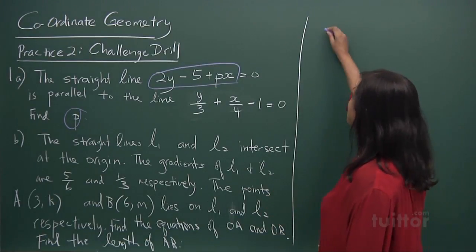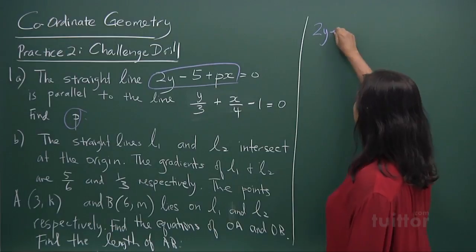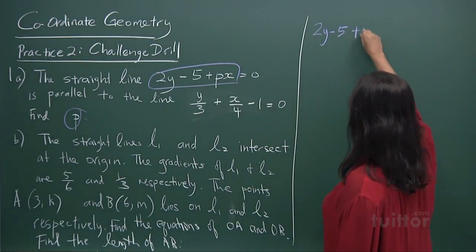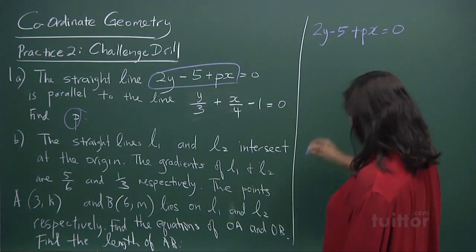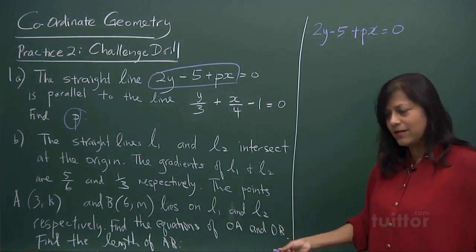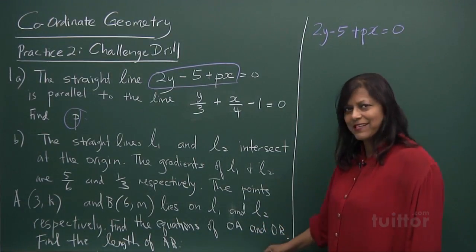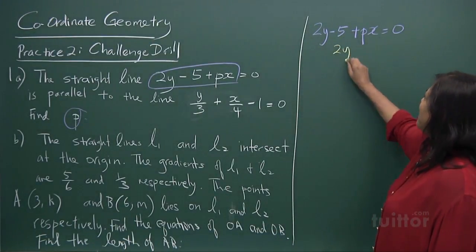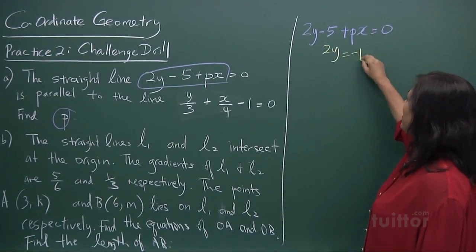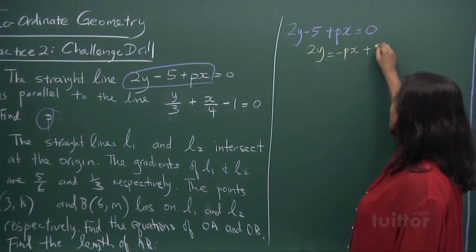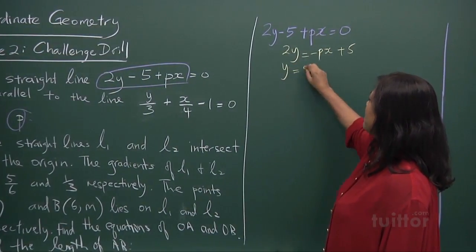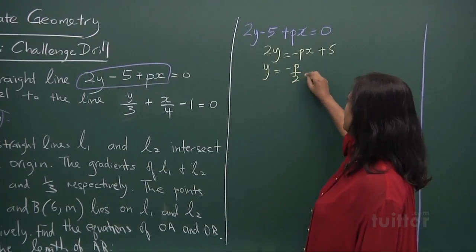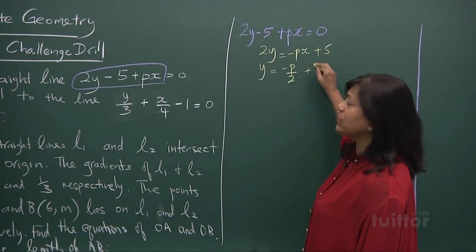So let's express it in a better way. I hope the purple is alright on your eye? If it does not, I'll change my chalk. Now if you look at 2y, and you bring this px over, minus px plus 5. Your y is going to be minus p over 2 x plus 5 over 2.